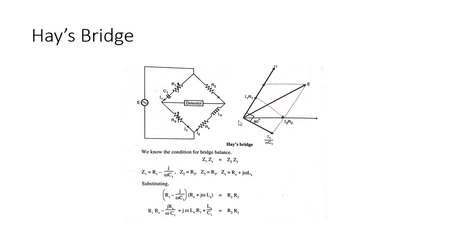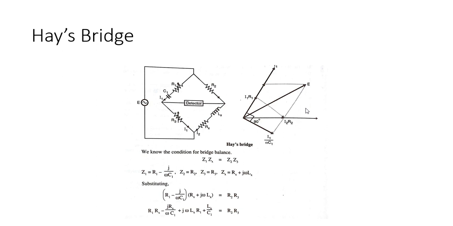This phasor diagram shows the phase difference between voltages and currents. Here this is your I2 R2, this is your E, this is your I1, and see the phase difference that we are getting between these, and here I1 divided by omega C1.